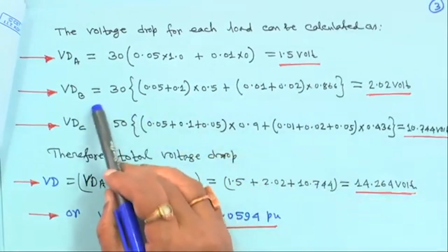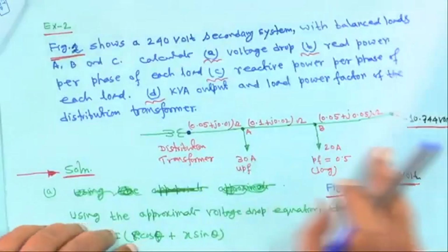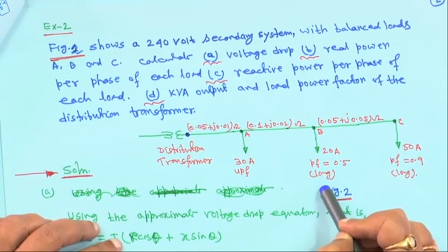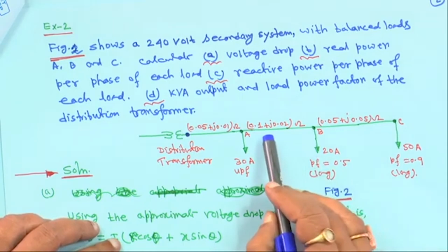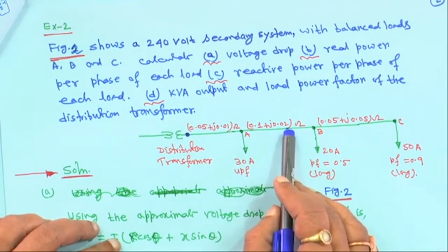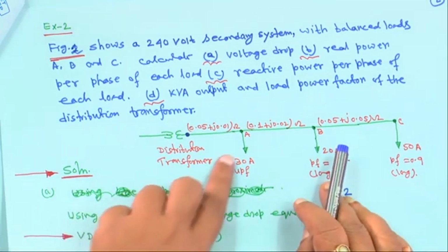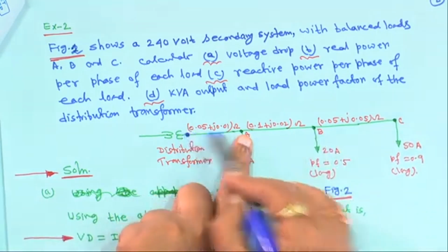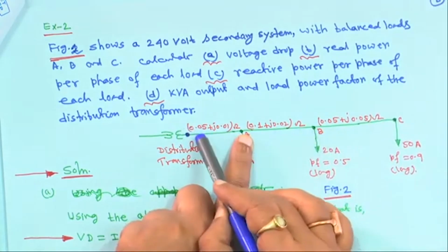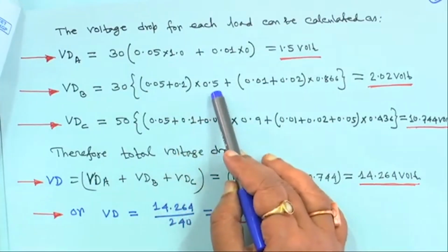Now, the voltage drop due to the load at B. The power factor here is 0.5 lagging, and for this branch it is 0.1 plus j0.02 ohm. Please take, from this point to this point, what is the resistance and what is the reactance. That is 0.05 plus 0.1, times cos theta, which is 0.5.